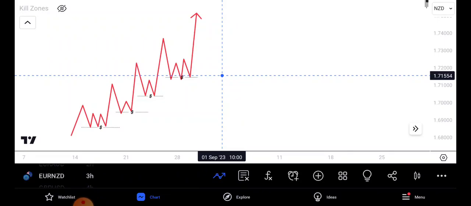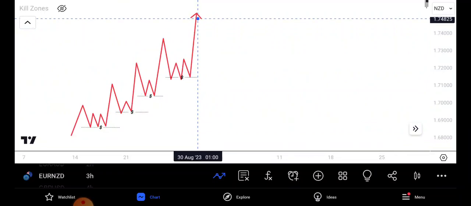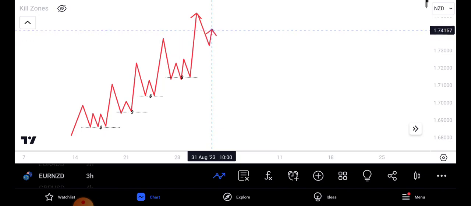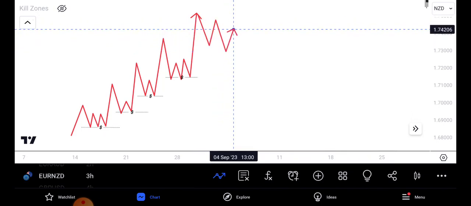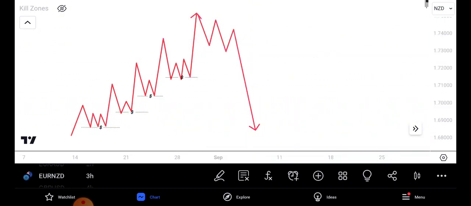After the market has engineered all this liquidity, you tend to see the market break minimum structure, come back, break minimum structure, come back, and then come back to sweep out all this liquidity. This is what the market does every single time. It creates liquidity and then goes ahead to sweep the liquidity.